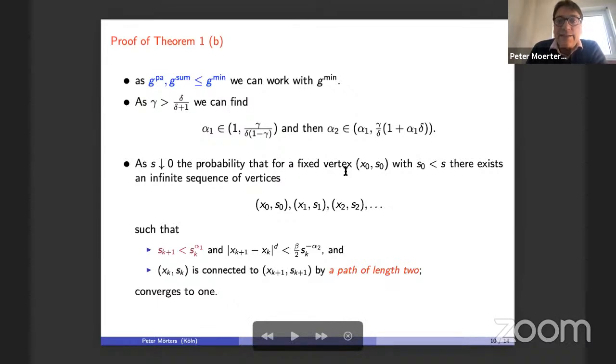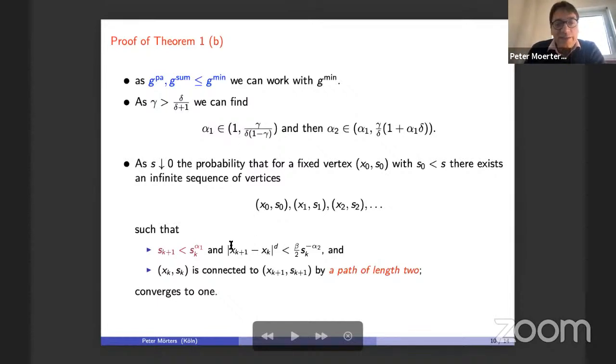And here is what's not so hard to prove. If you start already with a fixed vertex x0, s0, so this is a vertex in position x0, the position doesn't play a big role, with mark s0, which is already small, the probability that there exists an infinite sequence of vertices such that the next vertex has a significantly smaller mark, and therefore a significantly larger degree, in the sense that the mark of the next vertex is smaller than the previous mark to the power alpha 1, where alpha 1 is a number bigger than 1.